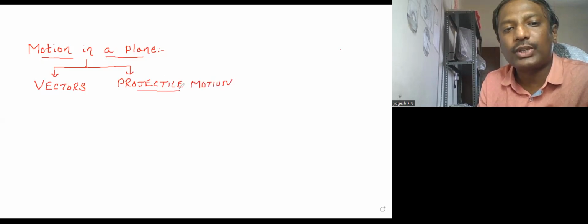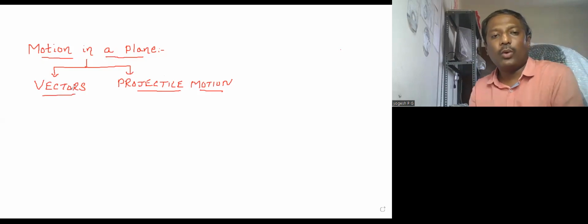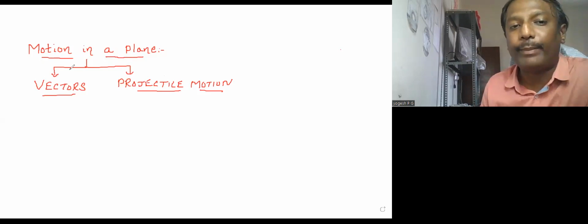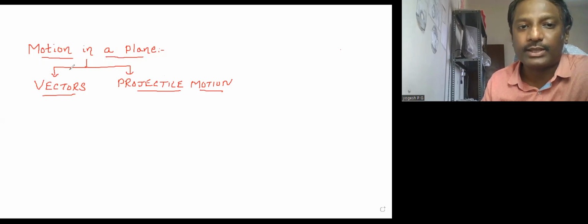Only two concepts were deleted from motion in a plane: one is the relative velocity concepts and the multiplication of the vectors.